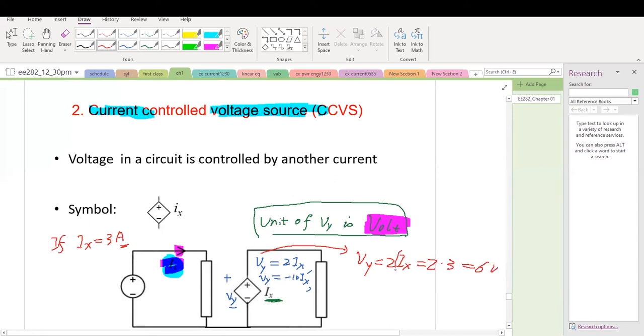This Ix does not carry the unit here because it's a controlled source. It's controlled by the quantity, how big this current is, but it's not controlled by the unit here. This is the key to understand the unit in the controlled source.